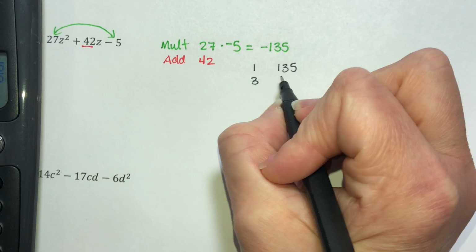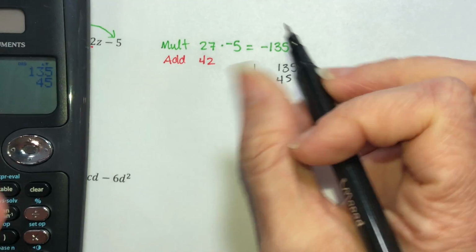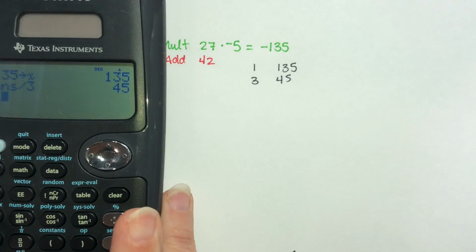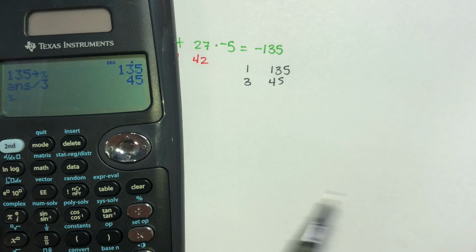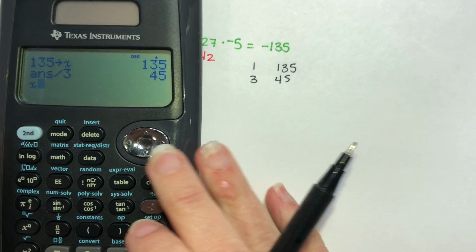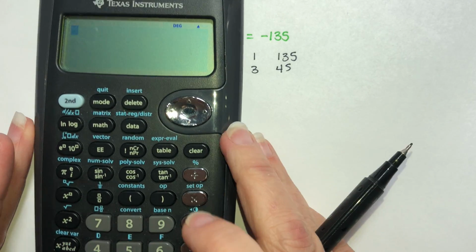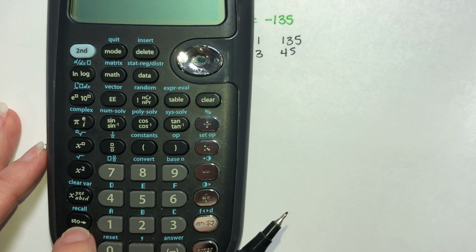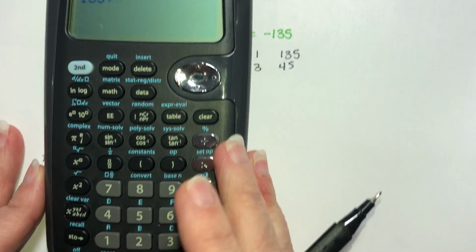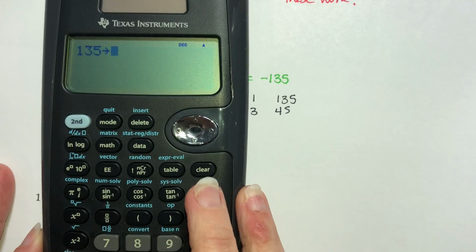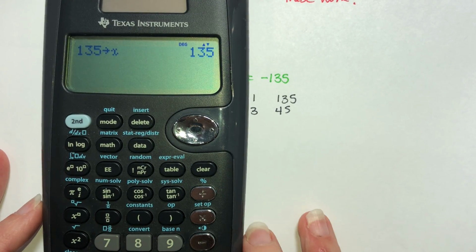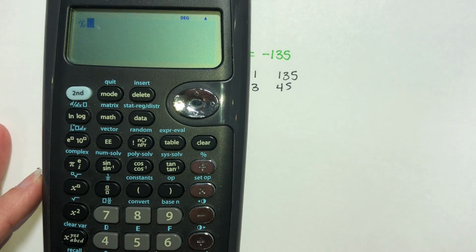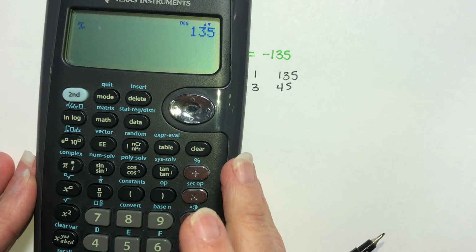Yes. 3 and 45. And then I can keep going. I'm using my calculator here. What I've done is I've taken 135 and put it in memory. And the way you do that is if you take 135, you hit this STO button right here. It means store. And then your variable button is just above that. If I hit X and then hit enter, now every time I hit X, it's going to do 135.